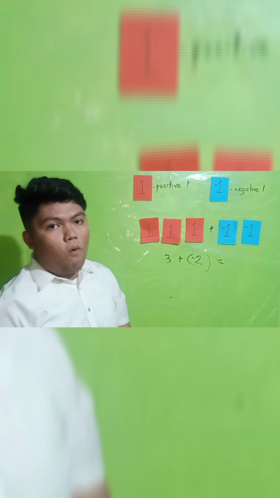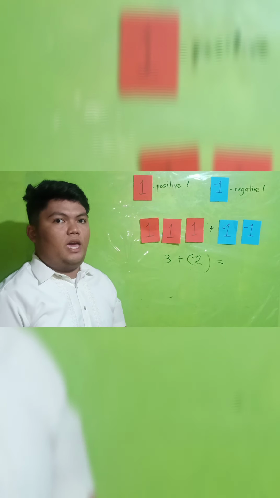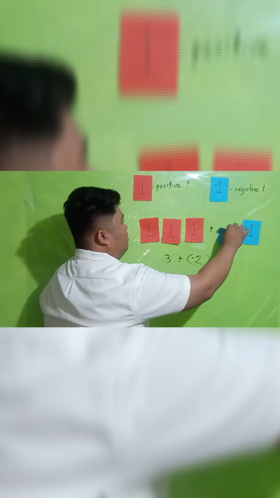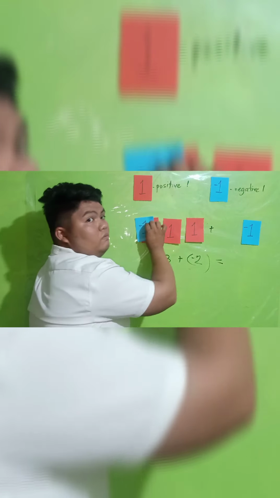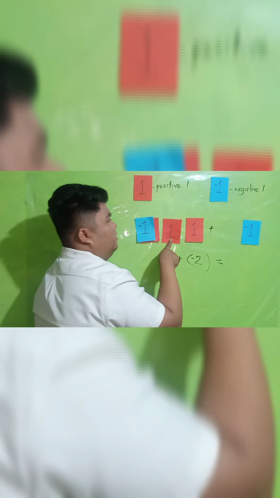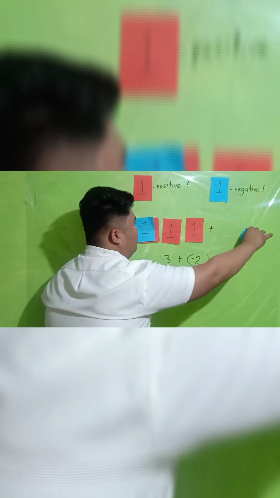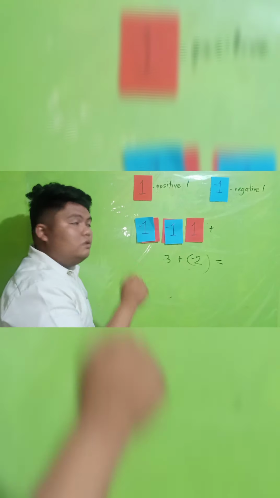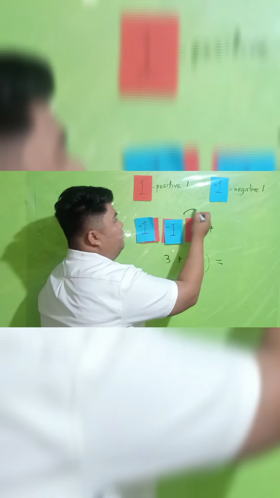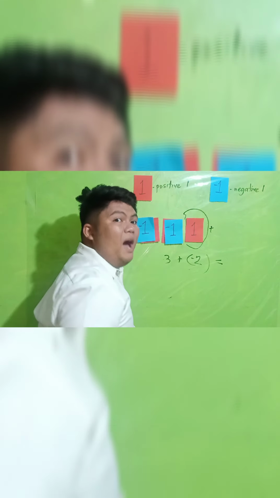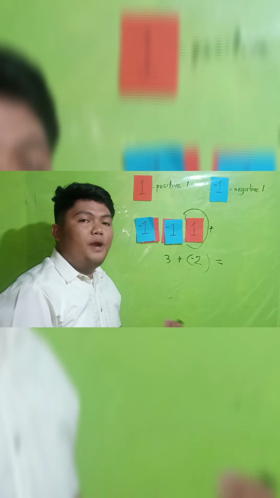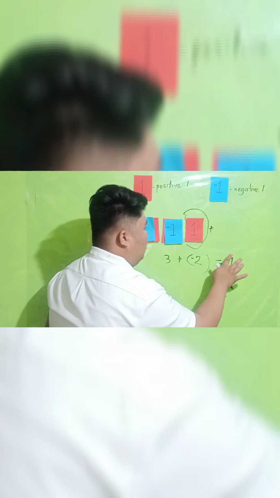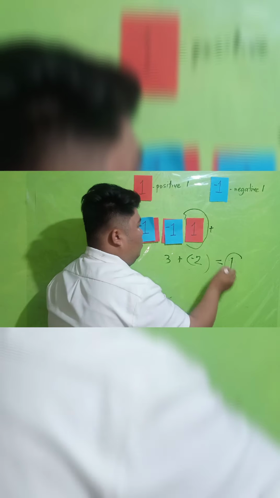So we can look for pairs. Okay, so 1 red and 1 blue. So this is equivalent to 0. Another red and blue, they are paired. So it is also equivalent to 0. So what is left is a positive tile or a red tile, which is equivalent to positive 1.